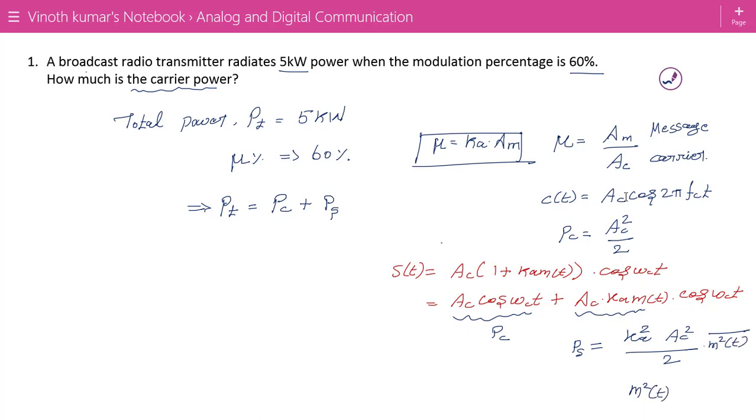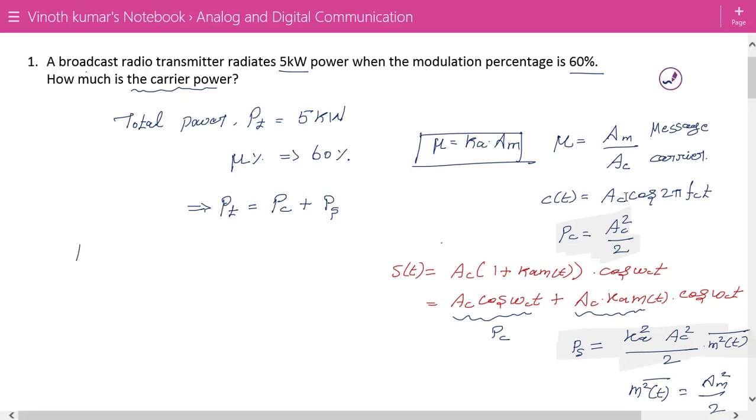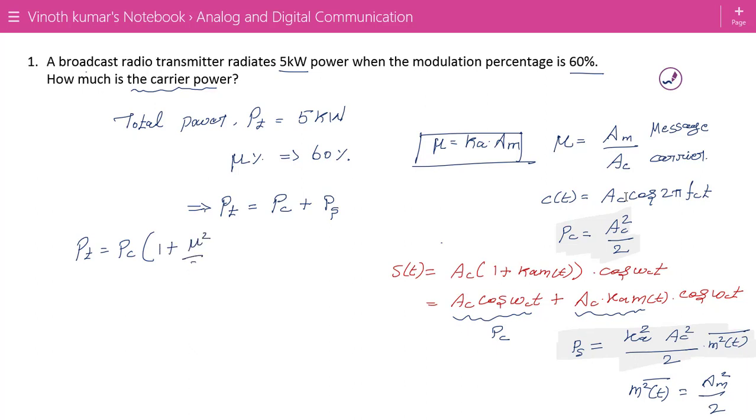M square of t is nothing but AM squared divided by 2. So now by substituting this value of PC and PS, we can write the total power as PT is equal to PC into 1 plus mu squared divided by 2. So from this formula we will be able to find the carrier power.